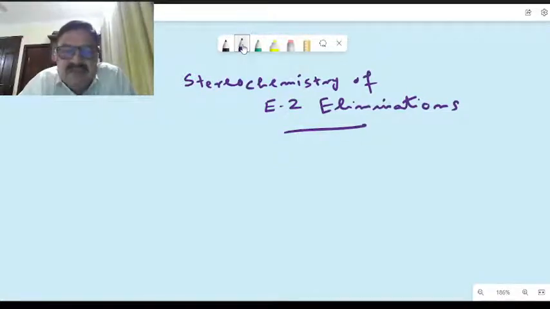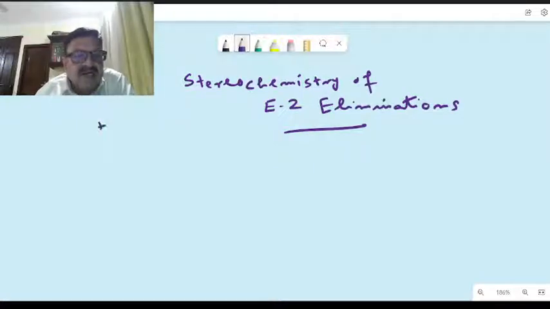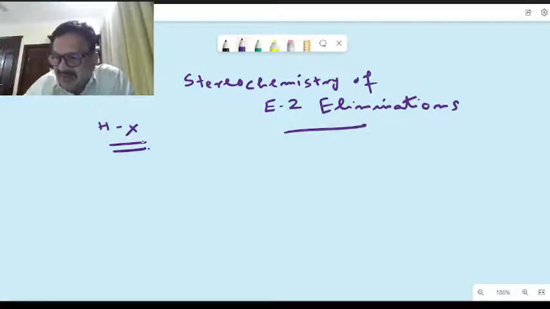And the elements of HX, that is, one hydrogen and X from the alkyl halide, are lost and we get an alkene. So basically these are all base-induced reactions. The most common elimination reactions are base-induced elimination reactions.